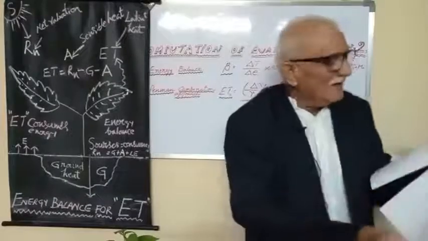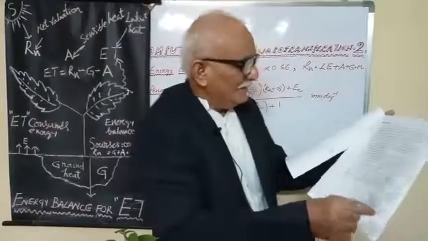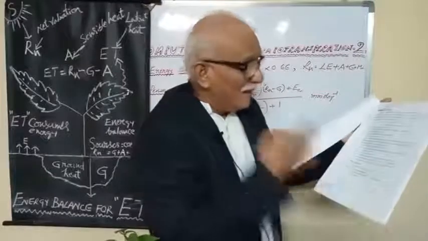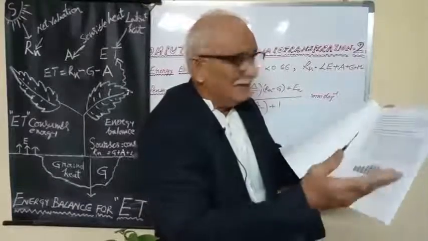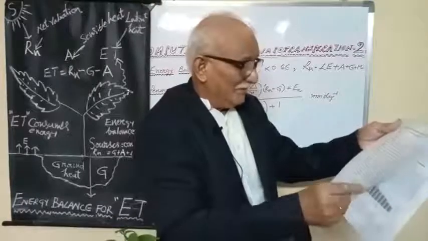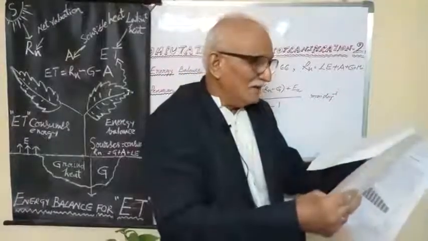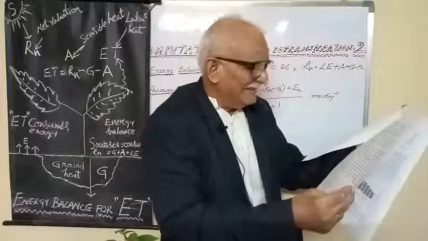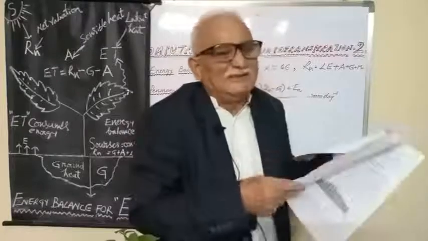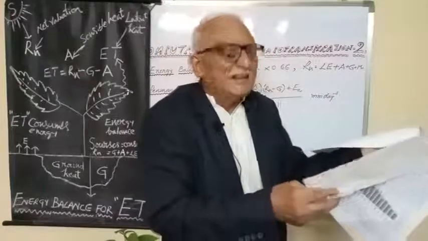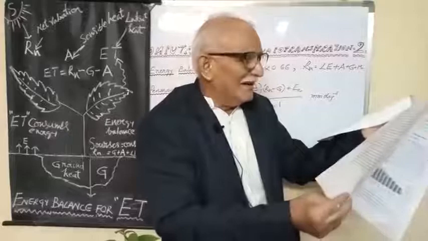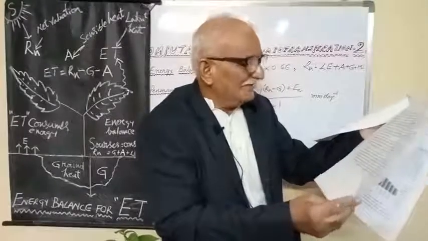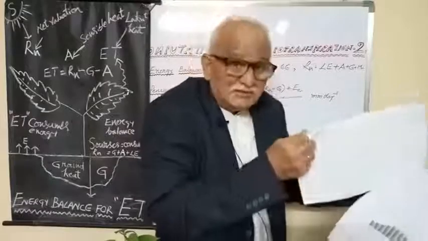Why I am telling this is we have calculated and we published evapotranspiration using the Penman combination approach. Here is the paper in front of you. Here are the tables for the months at Bapatla. For the Bapatla location we have calculated: 15 degrees 54 minutes north and 80 degrees 30 minutes east, at an altitude of 4.5 meters above the mean sea level.